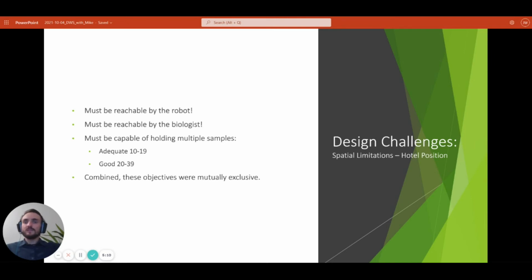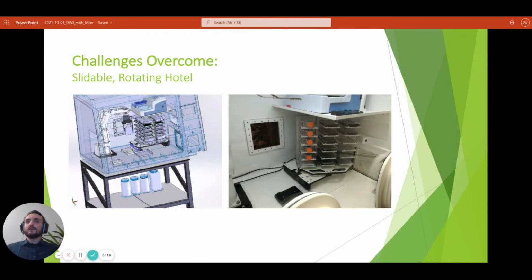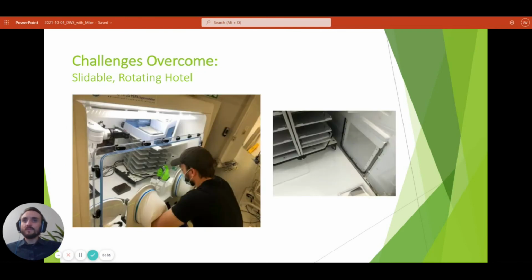Combining all of these bits seemed to be a little bit mutually exclusive. So working with Thermo and Don Whitley, we came up with the idea of a movable hotel. So it could rotate and pull out a bit forward for when the biologist was using it, but then it could face the robot and be pushed a little bit back when the robot needed to use it. And you can see here, this really gives us the space, keeps clearance on all the sides so we can get things through the airlock. And you can see me there doing some pipetting.